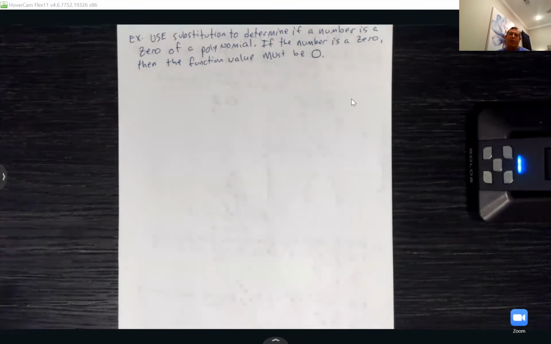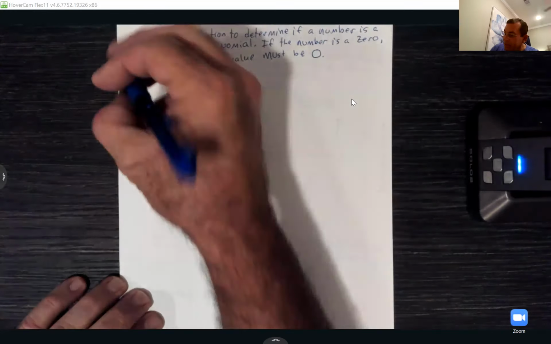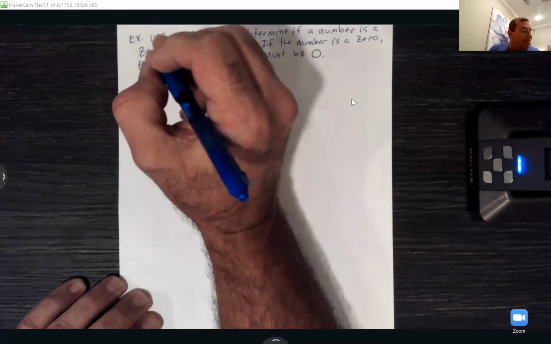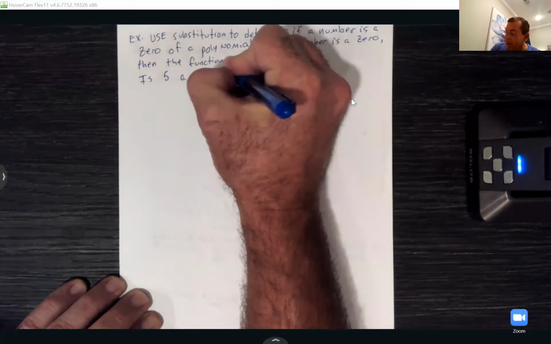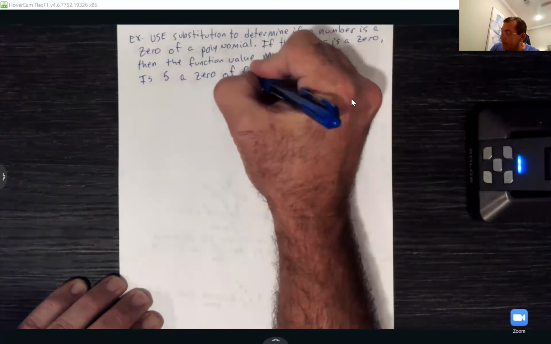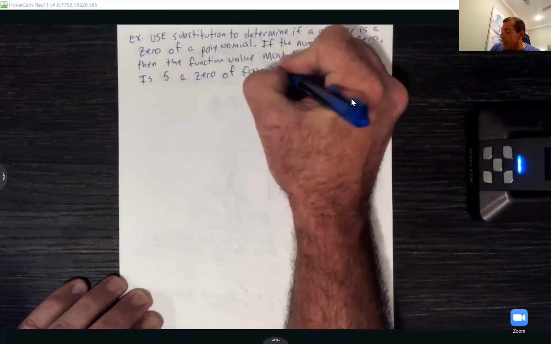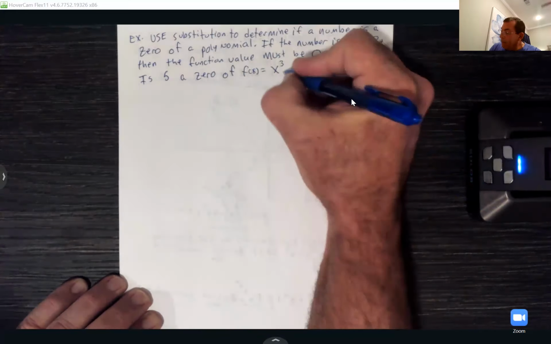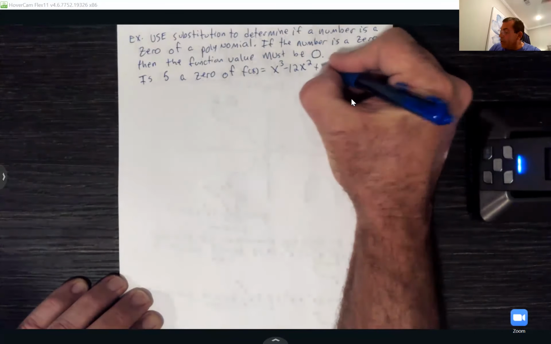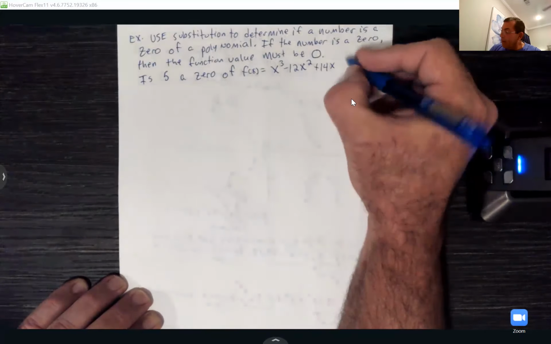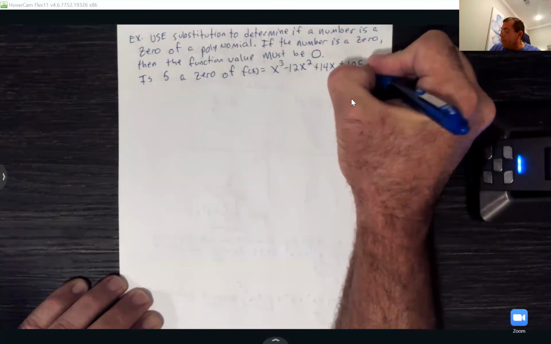And y'all, that's one thing we did learn about zeros. Remember, zeros were equal to the x-intercepts, which means those had y values of 0, okay? So the problem they're giving us, they want to know, is 5 a zero of f of x equals x to the third minus 12x squared plus 14x plus 105.